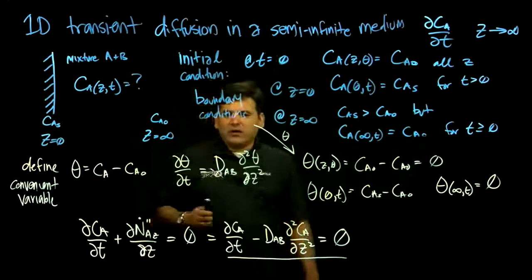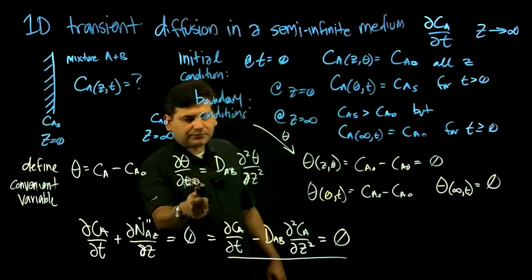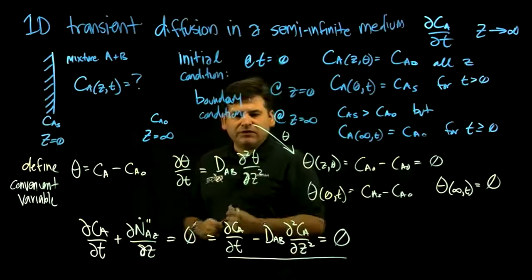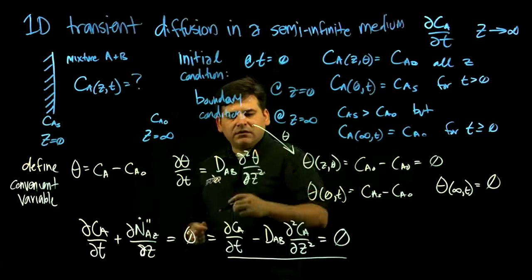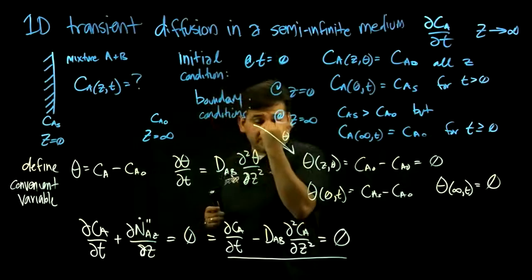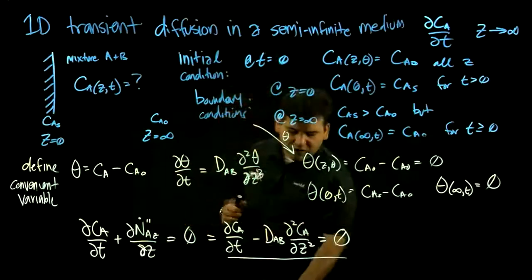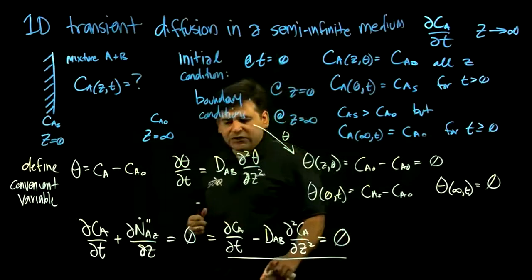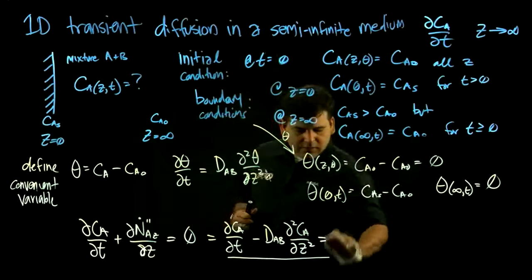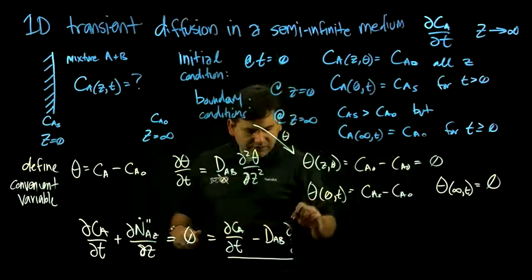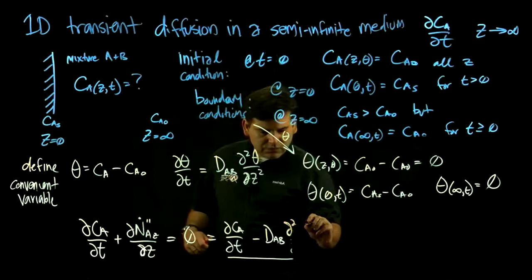Okay, so now how do we solve this? What we have here is the concentration expressed in terms of theta, the actual concentration in space and time relative to this far stream constant concentration.